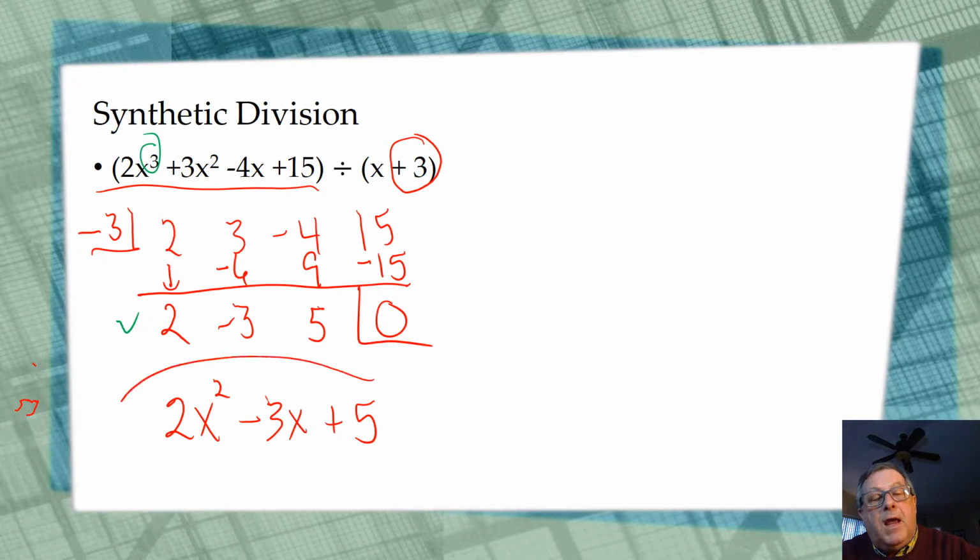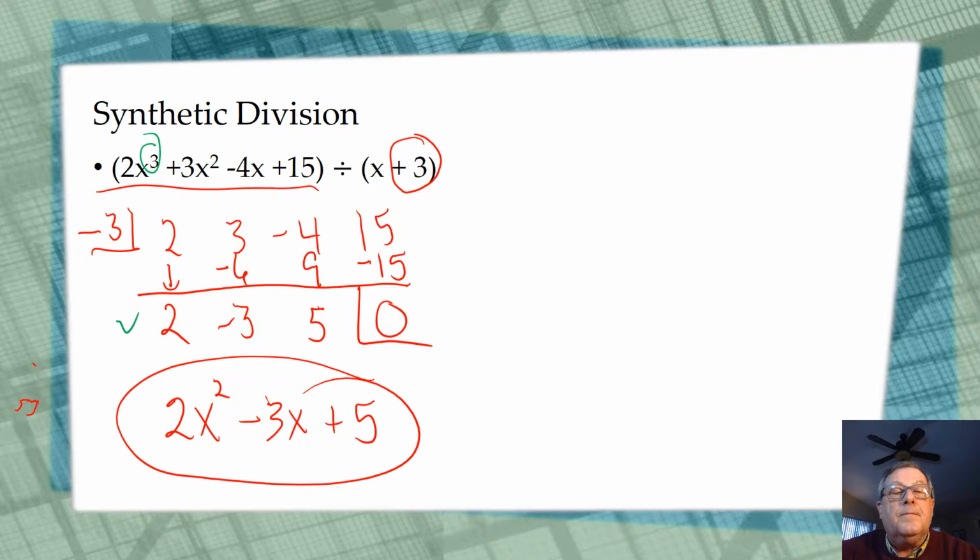And that's my answer. And I could go back and prove that by multiplying 2x squared minus 3x plus 5 times x plus 3. And if I did so, I'm not going to do that in this video because it would take too long. I'd get 2x cubed plus 3x squared minus 4x plus 15.